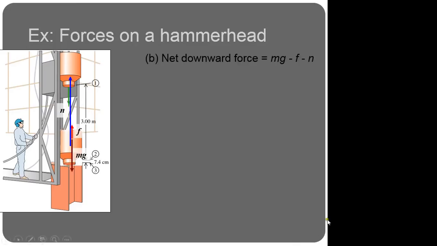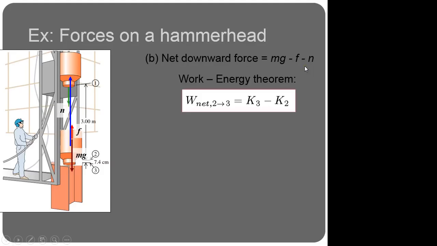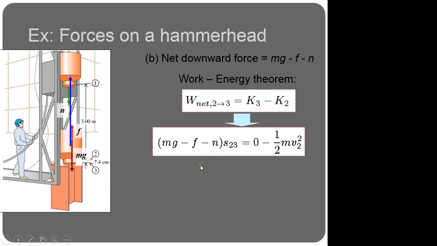So here, the net downward force will be mg minus f minus N. The work energy theorem is kinetic energy at point 3 minus kinetic energy at 2. This gives us this equation.